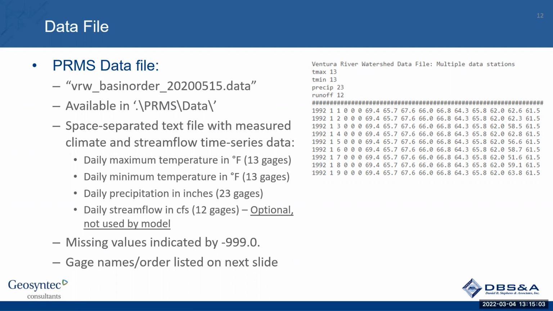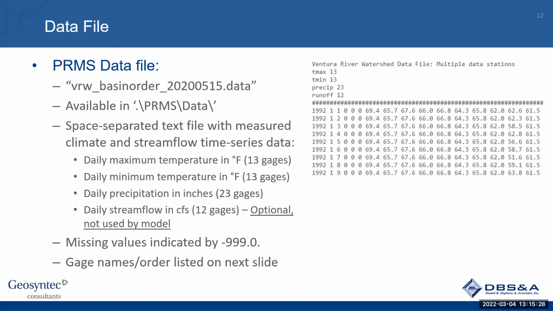These are all measured data, so they are optional. You don't need to have them in the model, but if you wanted to output the measured stream flow along with the model stream flow, you can do that through the StatVar module that I talked about on Wednesday. So they're just there to aid in the output side of things, but not really used by the model.